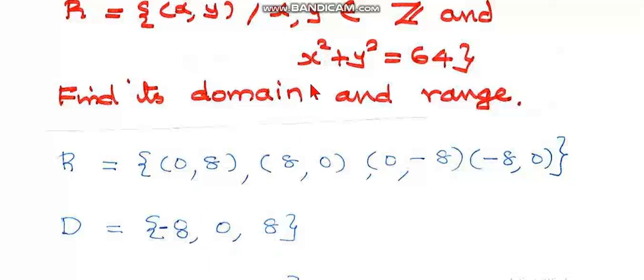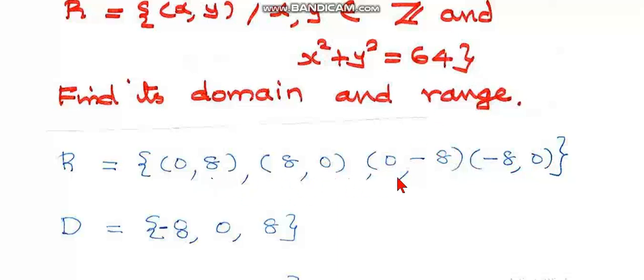We have to find those integers which satisfy the condition x square plus y squared equal to 64. The relation is 0, 8 because 0 square plus 8 square equal to 64. 8 square plus 0 square is also 64. 0 square plus minus 8 square is 64. Minus 8 square plus 0 square is also 64.